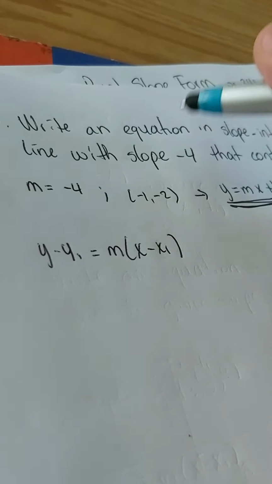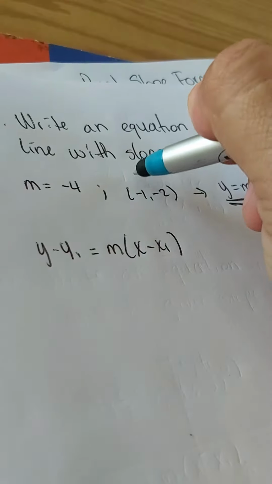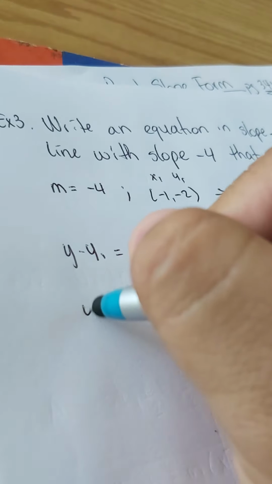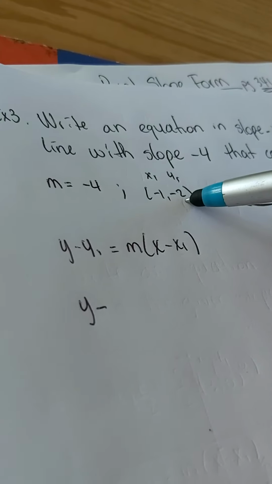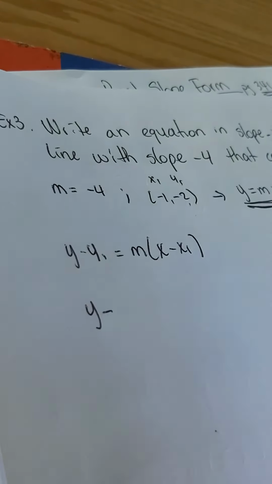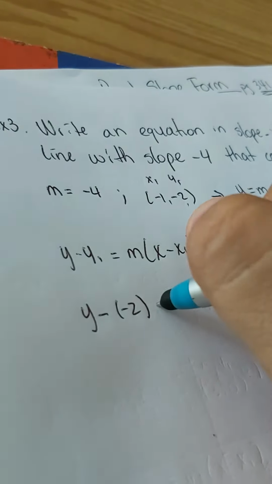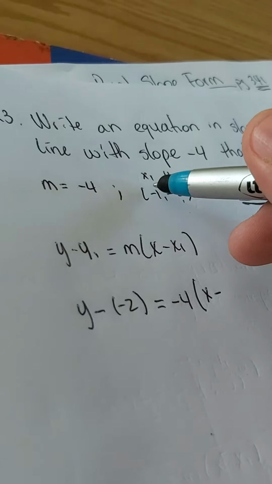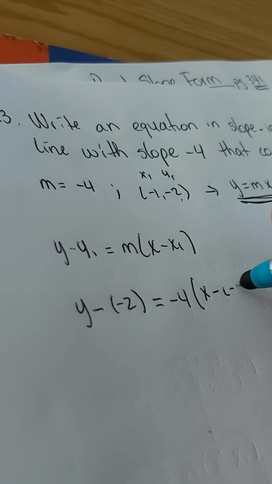Okay, now remember this will be m, x1, y1. So let's substitute y minus y1, -2, equals m, -4, times x minus x1, -1.